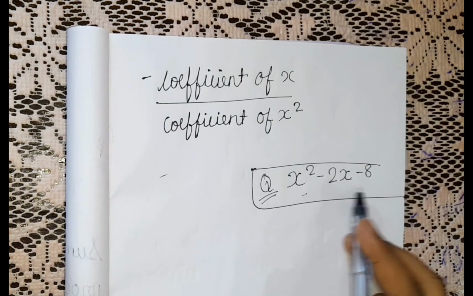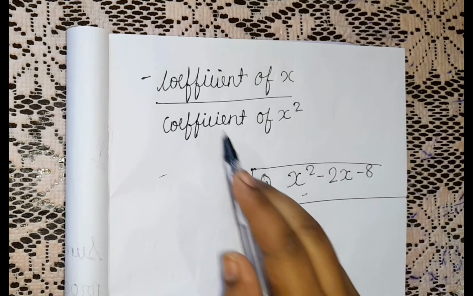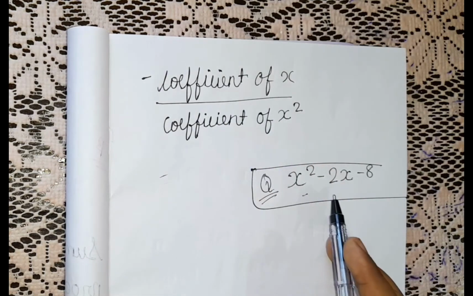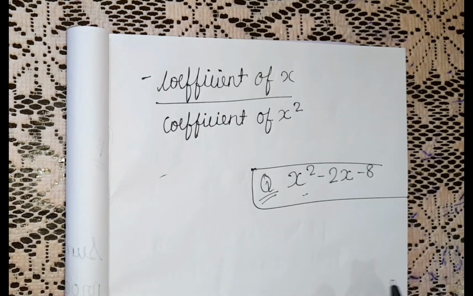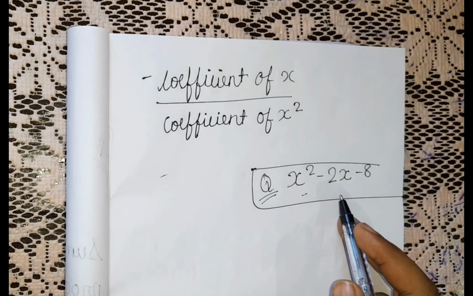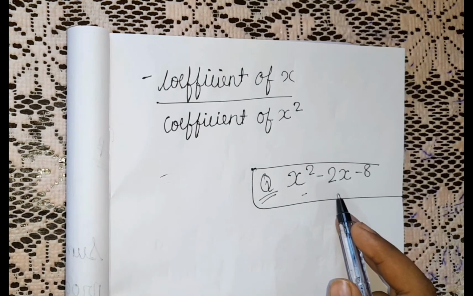In this question we are going to be finding the coefficient of x. Here we have the x term. So what is the coefficient? What is the meaning of coefficient? Coefficient means whatever term we have, in that particular term we have a number, right?